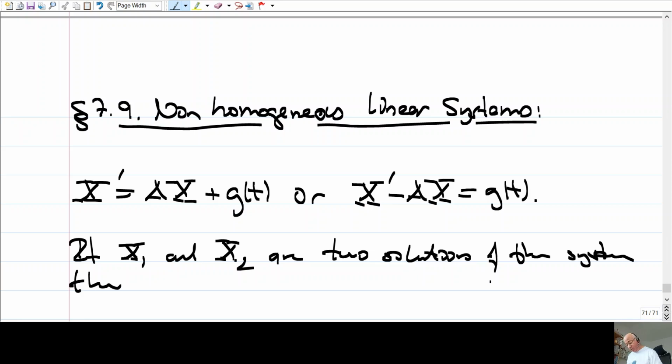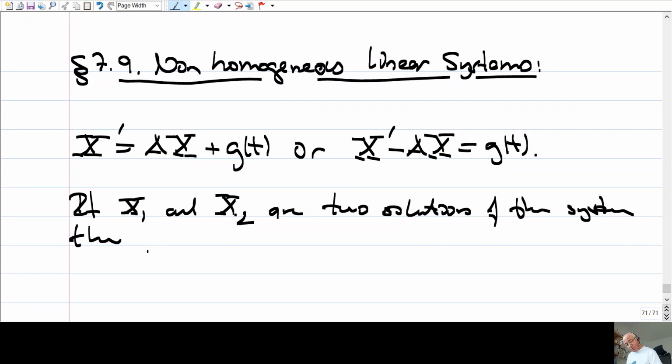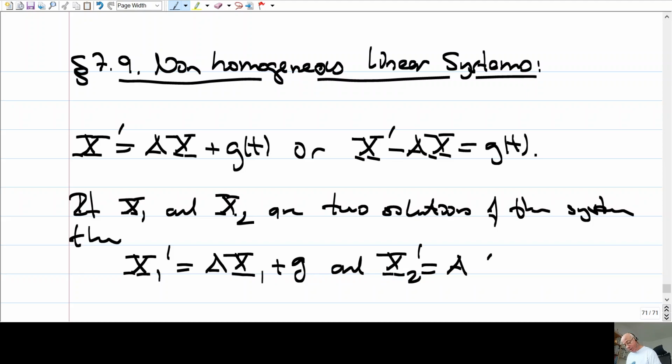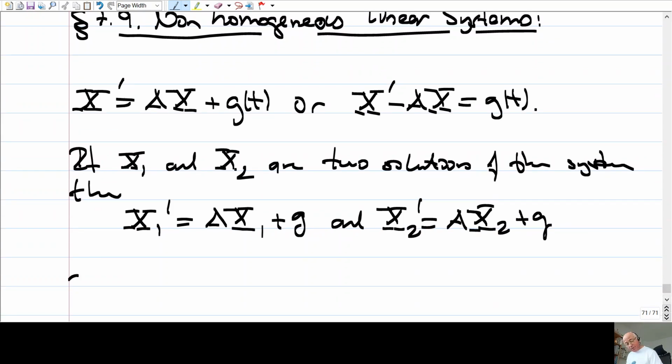Then we have x1 prime equal to A times x1 plus G, and x2 prime equals A times x2 plus G, and thus x1 prime minus x2 prime is equal to what?